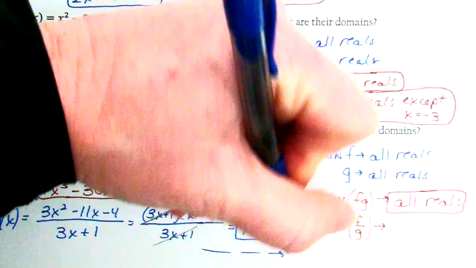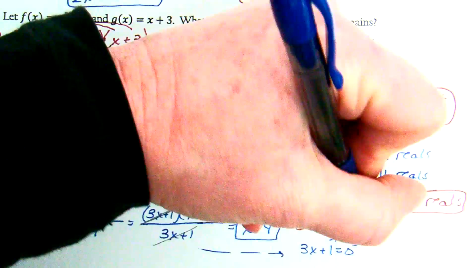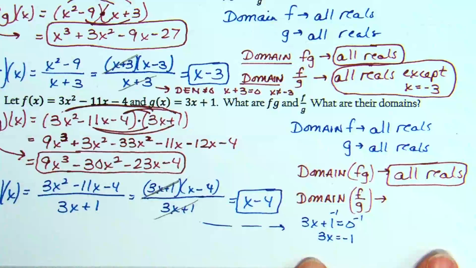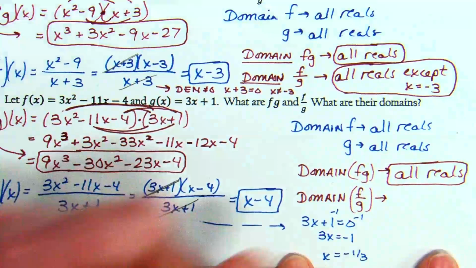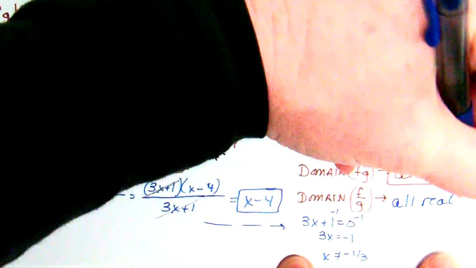Set it equal to 0. If you set 3x plus 1 equal to 0, subtract 1, 3x equals negative 1, divide by 3, and x is negative 1/3. So I have all reals except x equals negative 1/3.